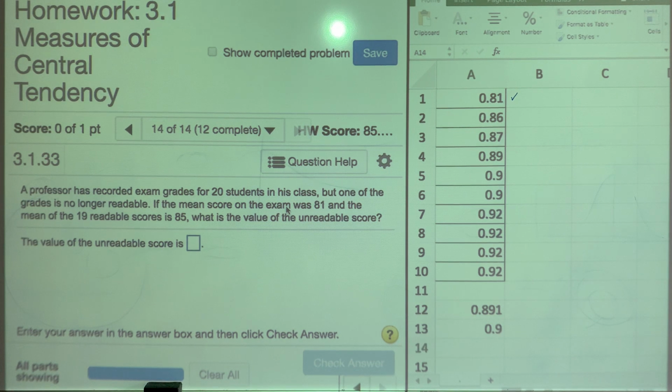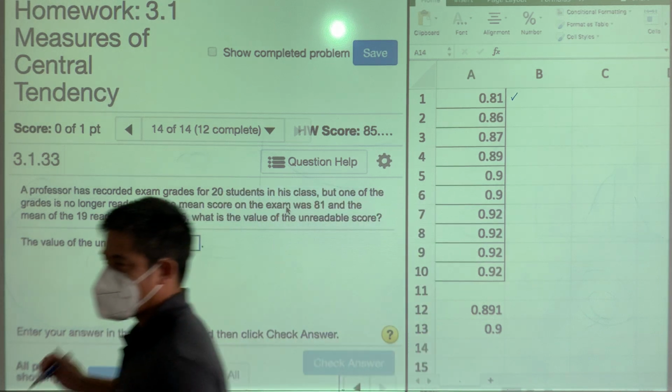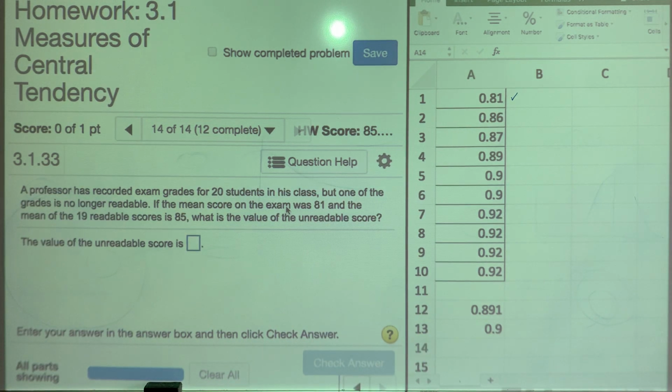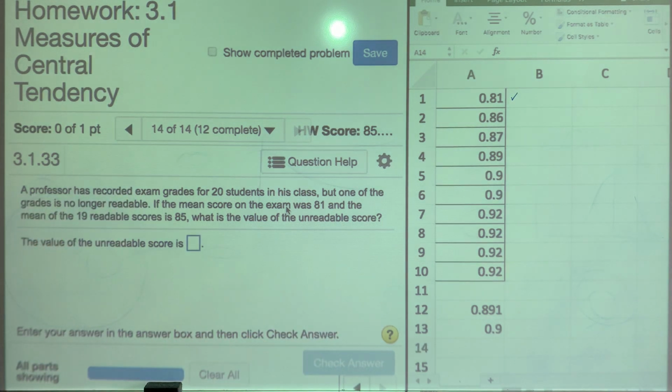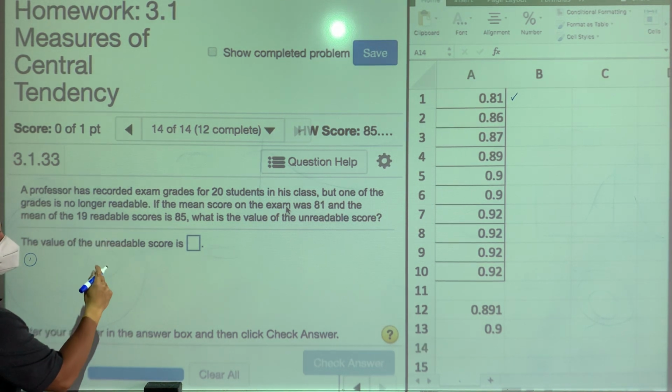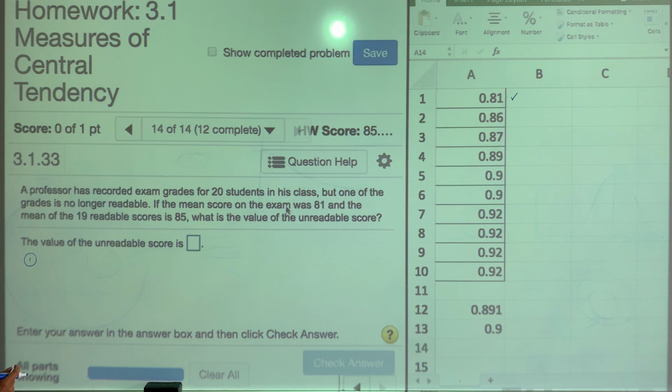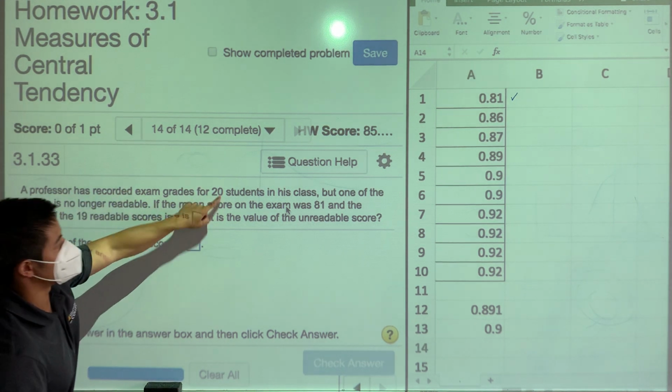I'm going to help you guys go through this, okay? You ready? This is like a 3-part problem. I'm going to break it into 3 parts to help you solve it. So part number 1, what I would do is take this information right here. 20 students, there it is.